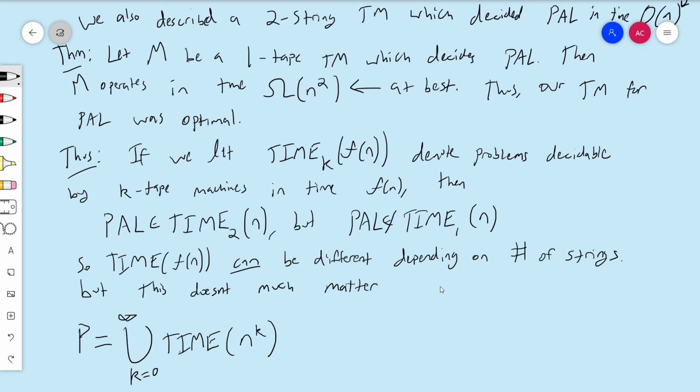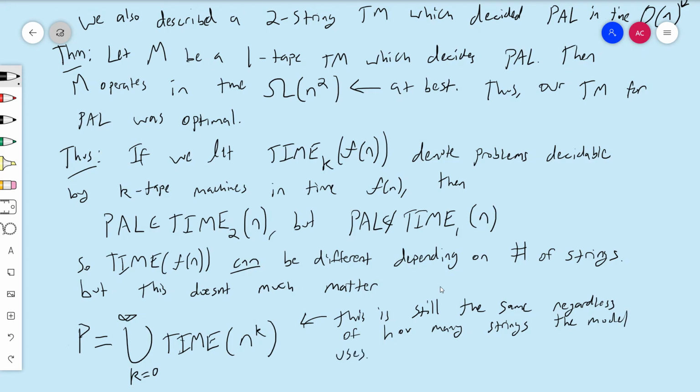And since this contains all of these classes, this is the same regardless of how many strings the model uses.